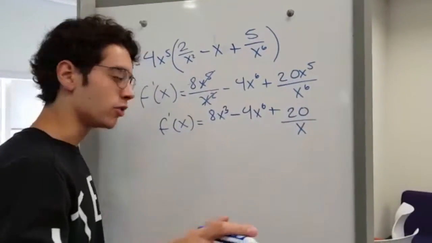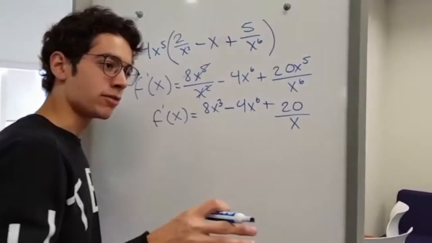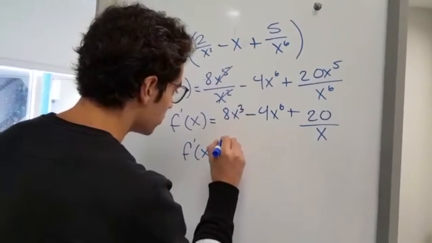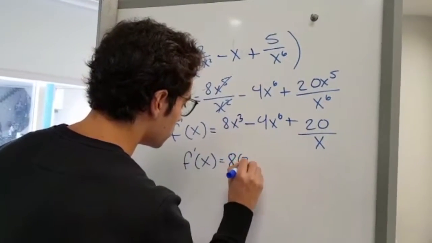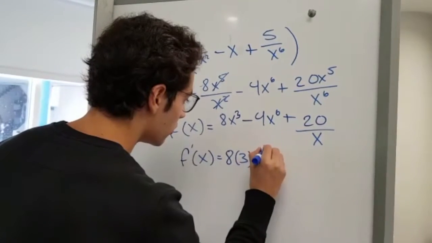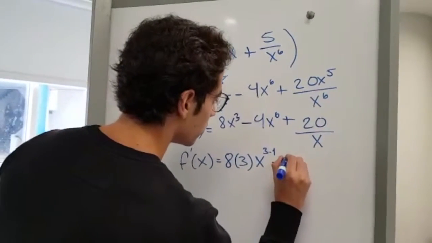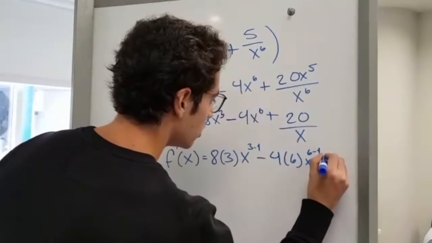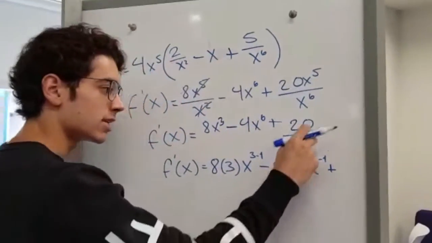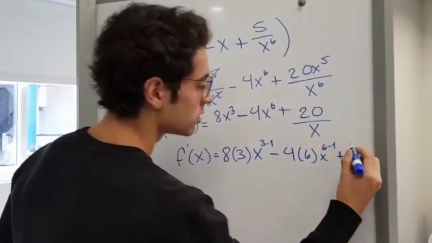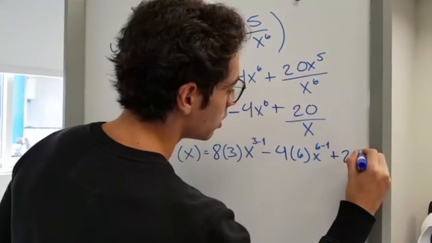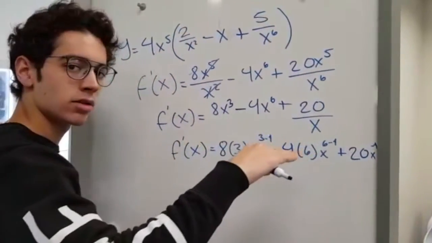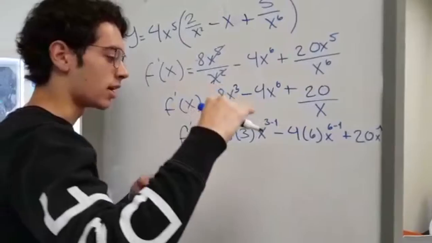Then you need to start differentiating. So f prime of x equals 8 times 3x to the 3 minus 1, minus 4 times 6x to the 6 minus 1, plus, you need to put this x in here, so it's going to be 20 and then x to the minus 1, because when it's down and you pass it up, it's going to be negative.